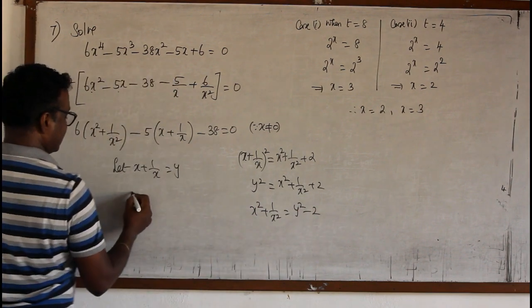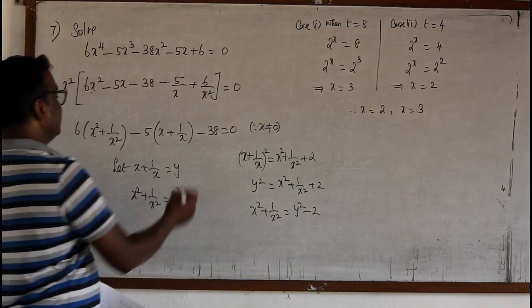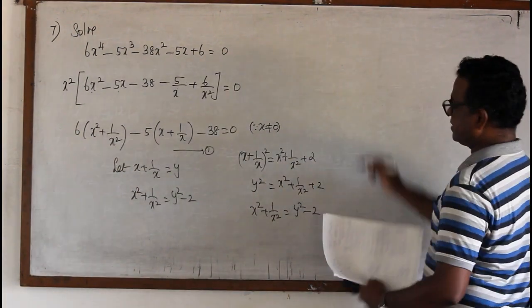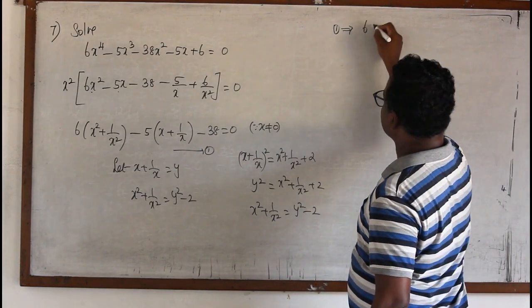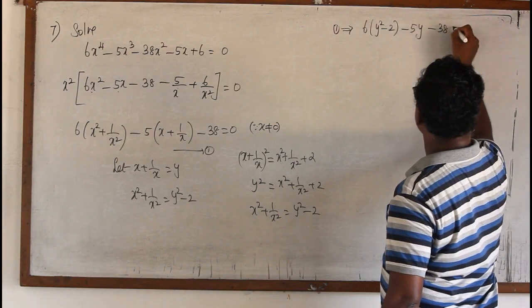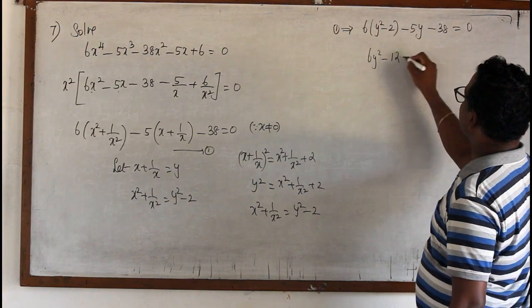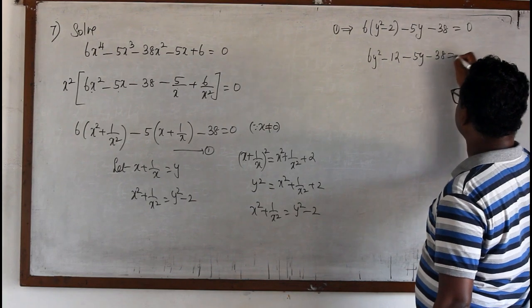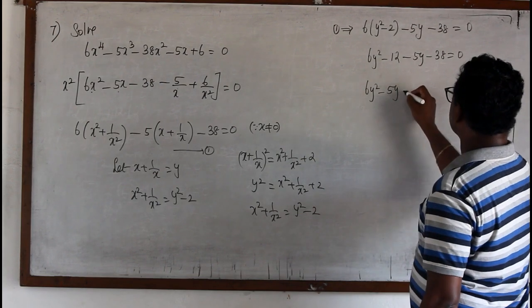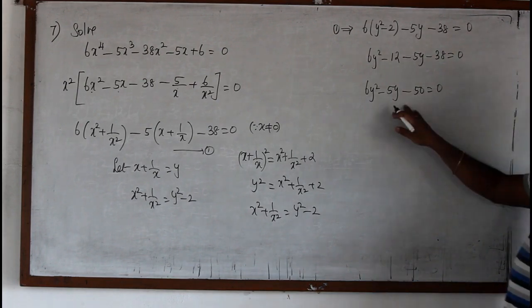If I substitute this, it becomes 6 into y square minus 2, minus 5y minus 38 equal to 0. It is 6y square minus 12 minus 5y minus 38 equal to 0. It is 6y square minus 5y minus 50 equal to 0, which is a quadratic equation in y.